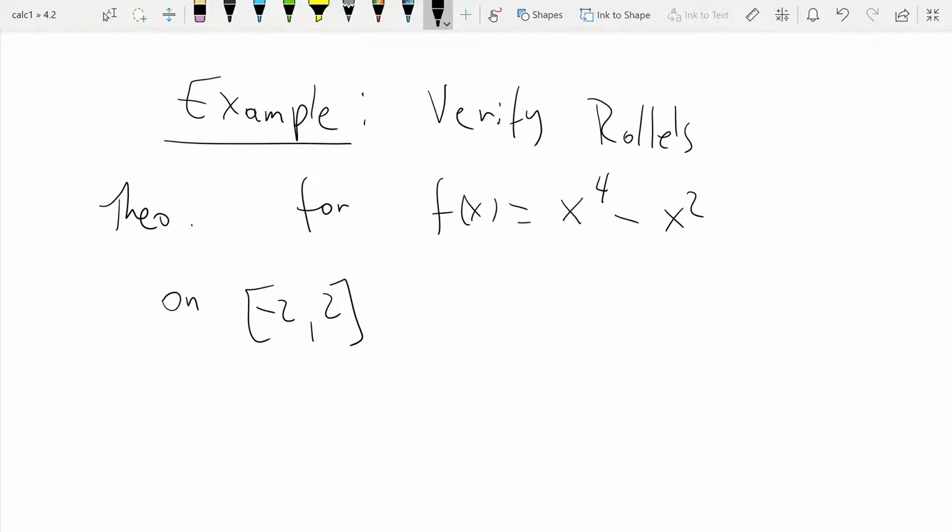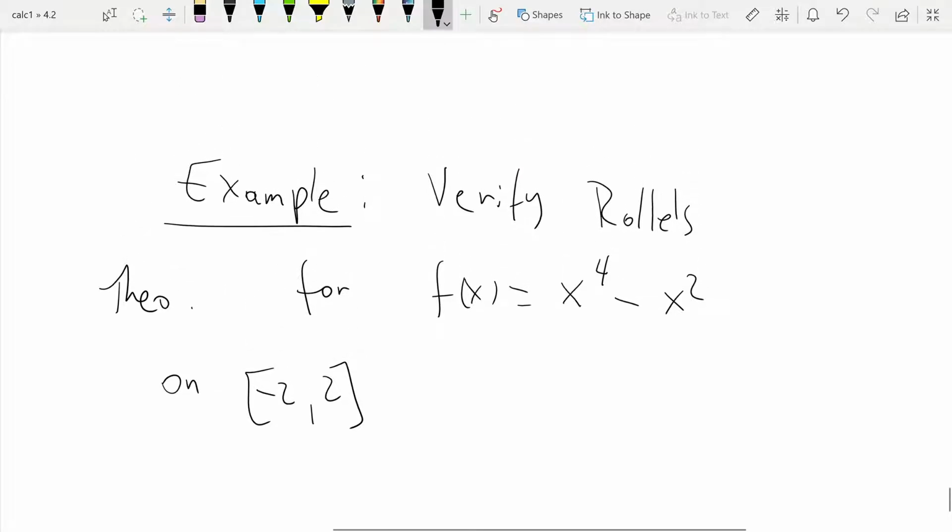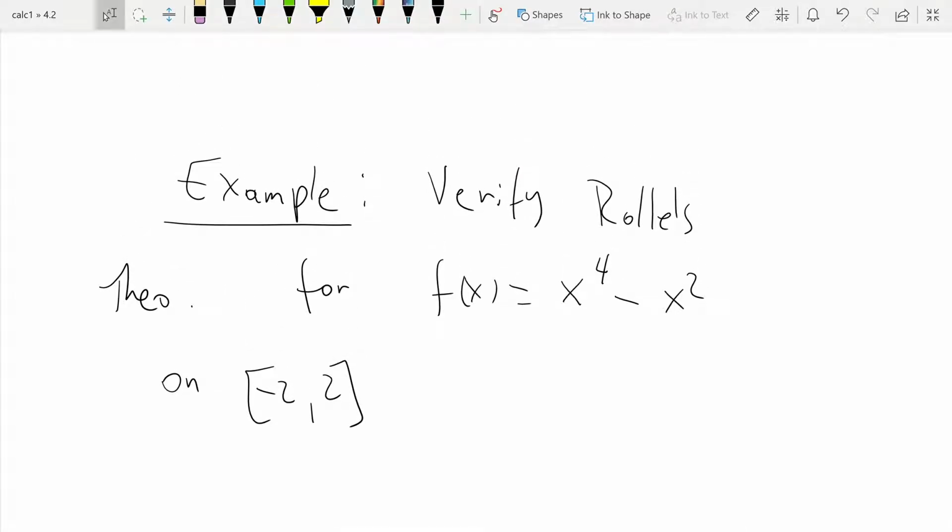What does verify mean? It means that given that the conclusion of Rolle's theorem is that the values of f at two endpoints are the same, then there's a point in between such that f prime is equal to 0.